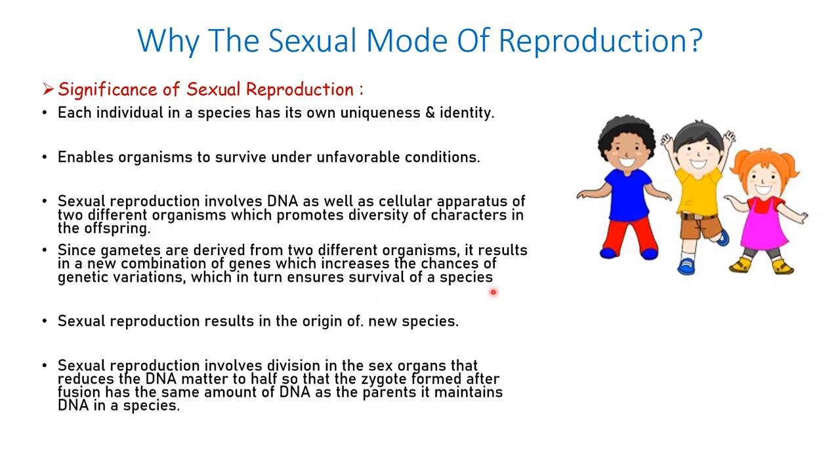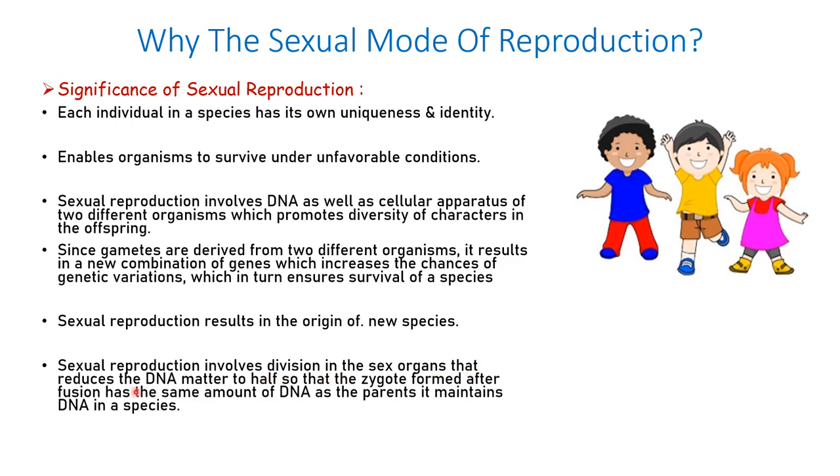If there is a change in the climate, it is very important for the survival of the species. So sexual reproduction results in the origin of new species. As I told you, these variations accumulate and then a new species is formed, right? The sexual reproduction involves, yes, it involves the division in the sex organs, right?